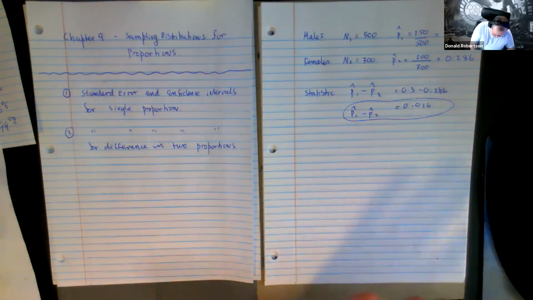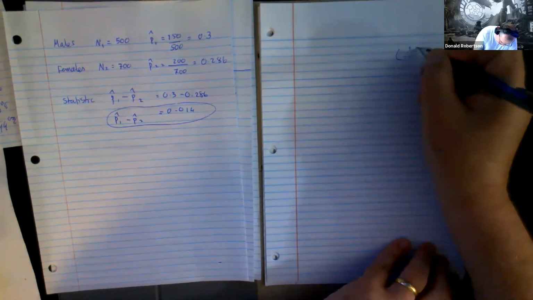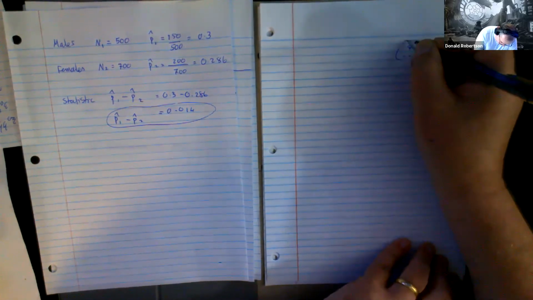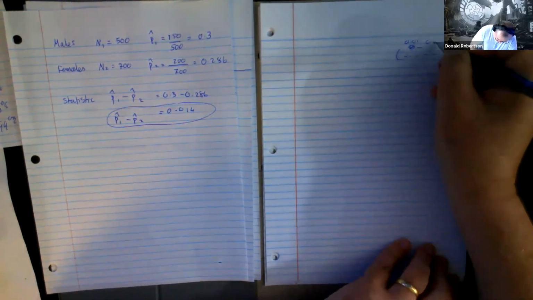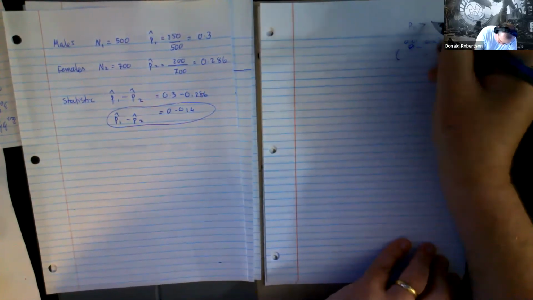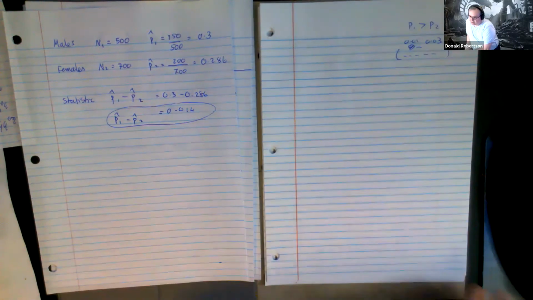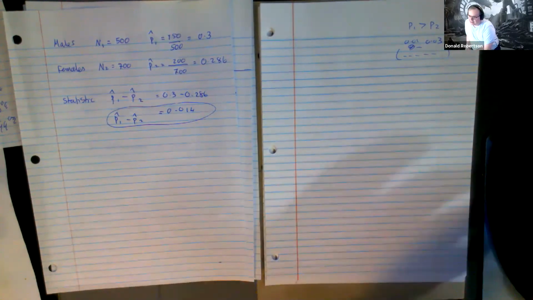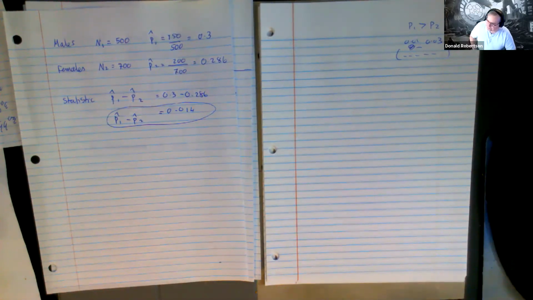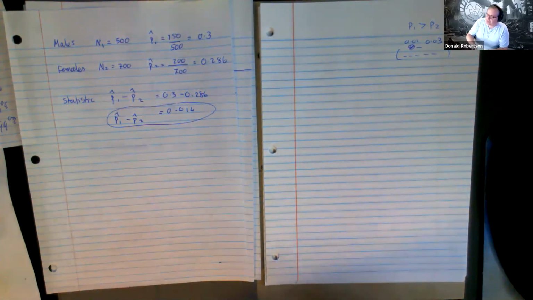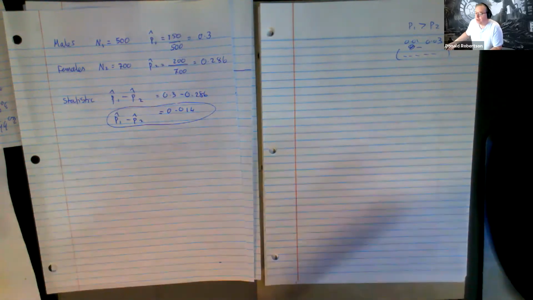Now, suppose that I get that confidence interval and all the numbers are positive, whatever it is, 0.01, 0.03. If they're all positive, does it not mean P1's bigger than P2? Wouldn't that be the evidence? That's the conclusion you'd make. Because if the difference is positive, P1 has to be the big guy.